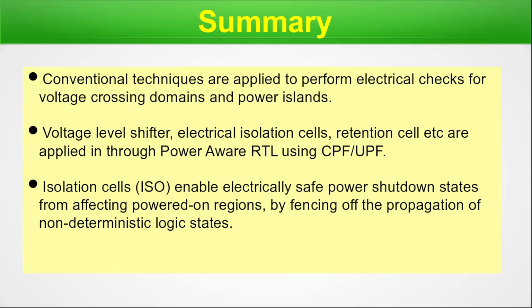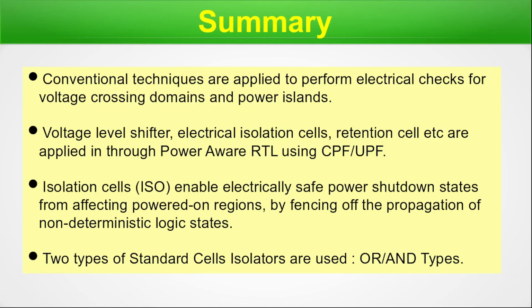Isolation cells, abbreviated as ISO, also used in the standard cell nomenclature, enable electrically safe power shutdown states from affecting powered on regions by fencing off the propagation of non-deterministic logic states. Two types of standard cell isolators are used, OR and AND types. So here we have summarized our entire discussion in 4 bullets. We are done here with this particular slide.